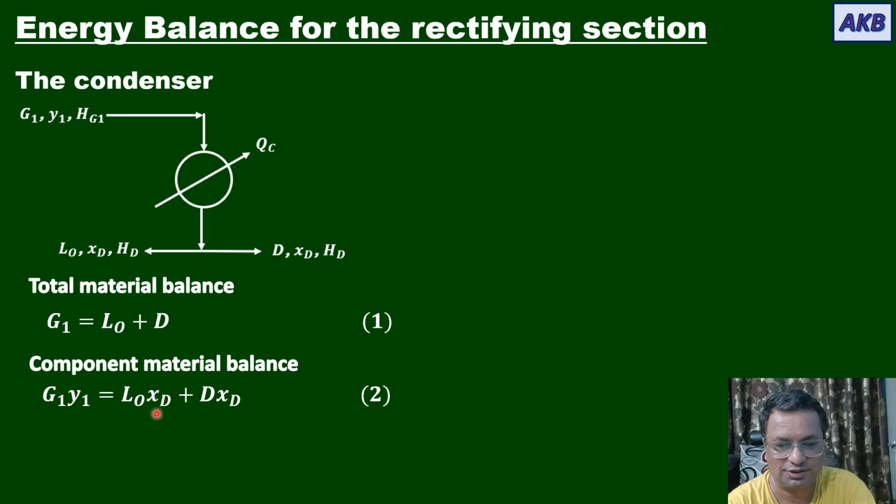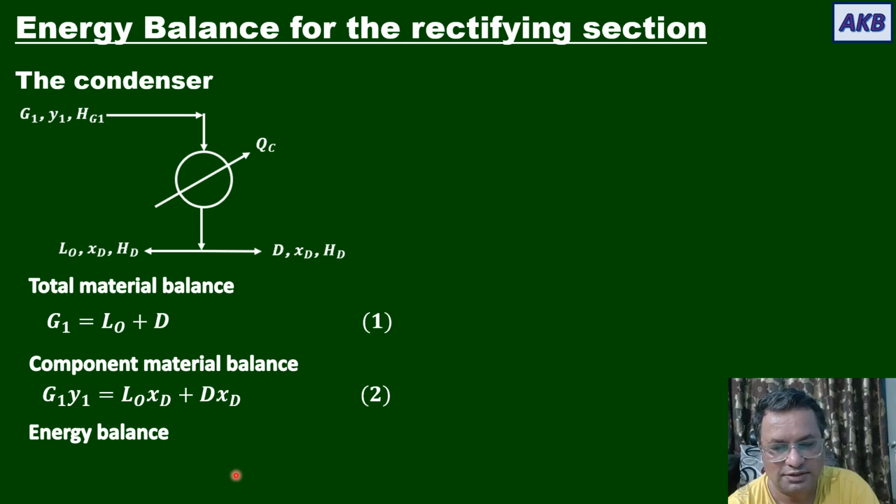So it is L0XD, and similarly plus D, total molar flow rate of distillate into mole fraction of A in it. So component material balance, that is material balance for component A, will be written as G1Y1 is equal to L0XD plus DXD, and I am calling that equation number 2.